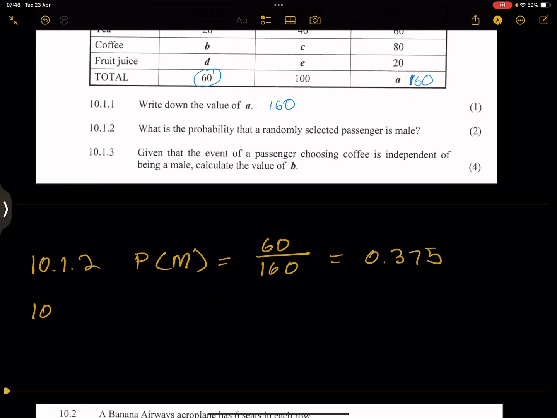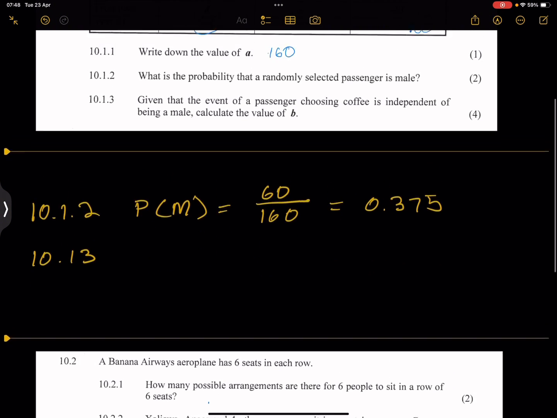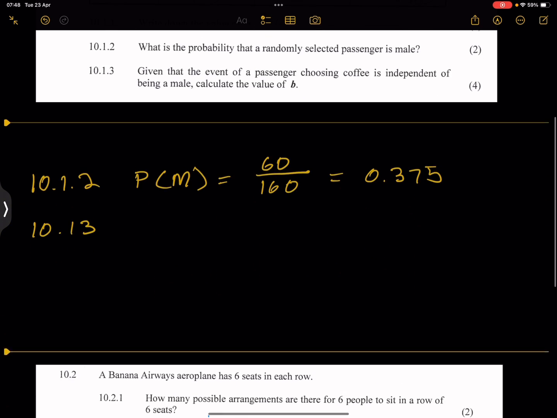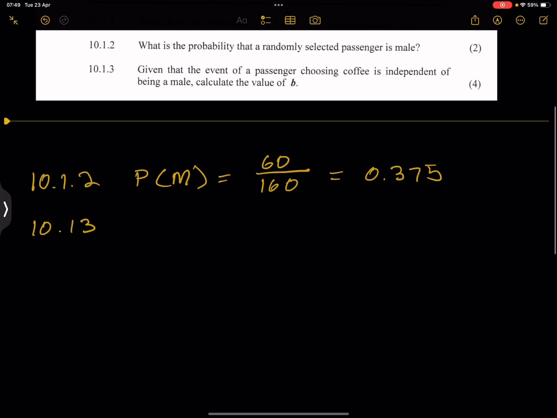Right, so the last question there before we go to the other section of the Banana Airways. They say, given that the event of a passenger choosing coffee is independent of being a male, calculate the value of B. Now remember, what happens with independent events, ladies and gents, right?